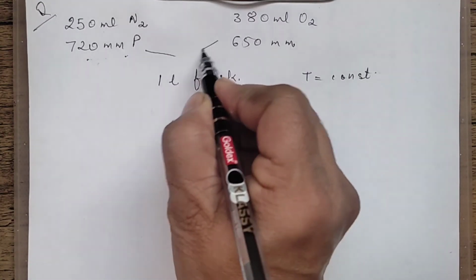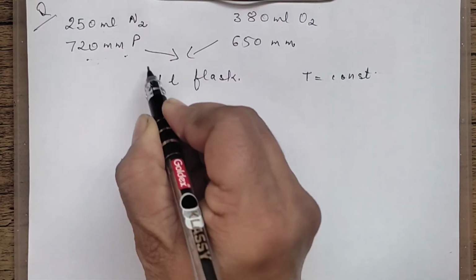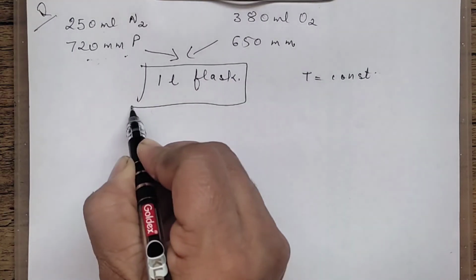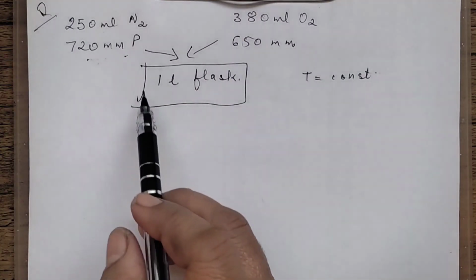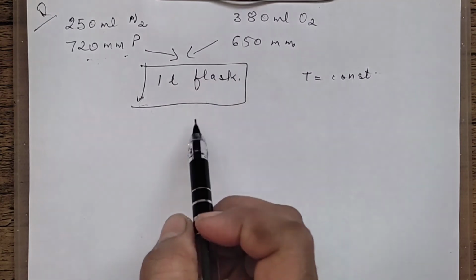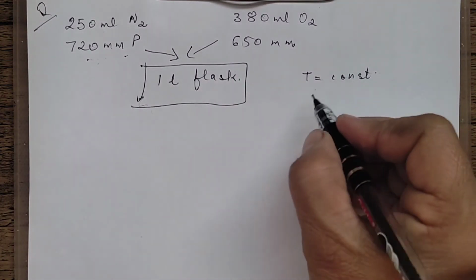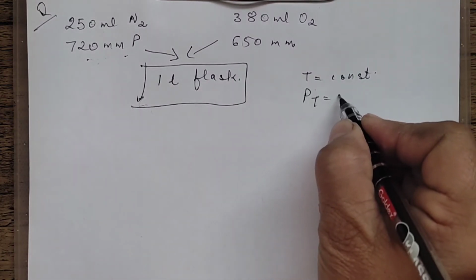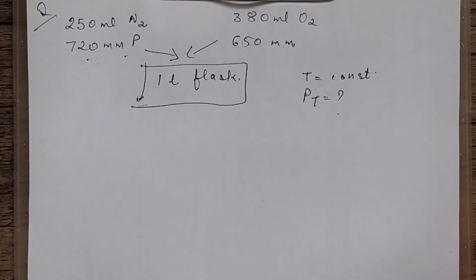Now they both are put in a container which is of 1 liter. They are telling you the temperature is constant. Calculate the total pressure exerted by the mixture of the gas. Whenever they do not specify, you have to assume that the gases are not reacting.